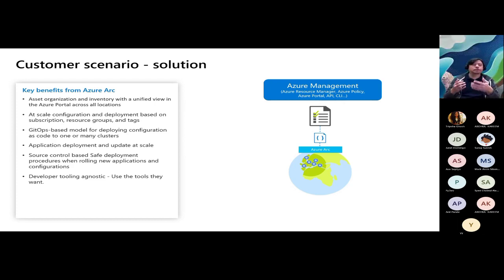And if you have updates on this application, you can deploy it at scale. Source control-based safe deployment procedures bring rolling new applications and configurations. Using GitOps and DevOps, you have only one single source of truth, which is your source control. In this way, you can safely deploy the same thing to all your clusters.